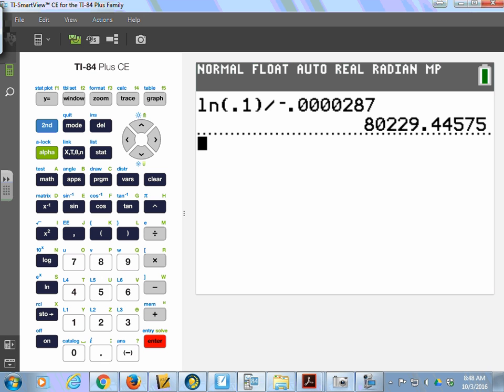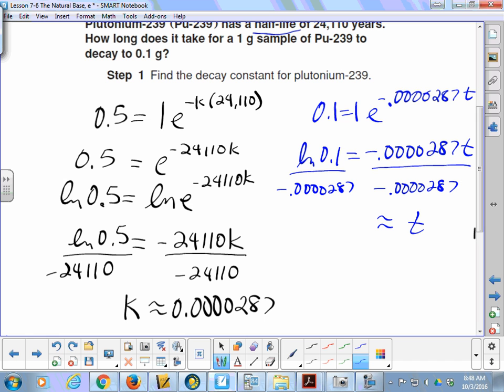There we go. 80,229 years. So it's going to take almost 4 times as long to get to 1/10 compared to getting to half.